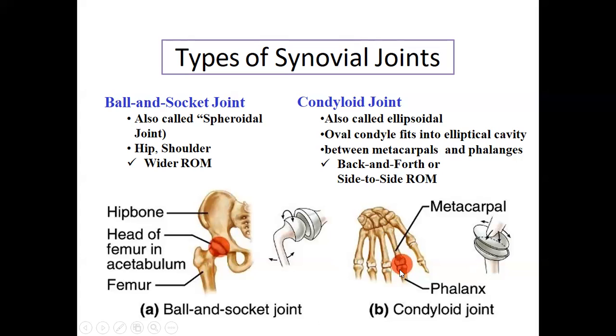But that is where your condyloid joints occur, between your metacarpals and your phalanges. Phalanges are the fingers. This allows for the back and forth movement. The way you can open and close your fingers, or flex and extend your fingers, and go side to side is because of this condyloid joint.